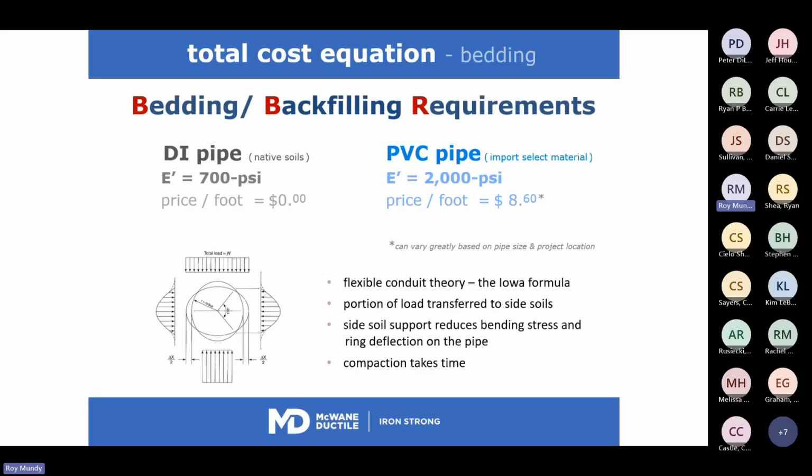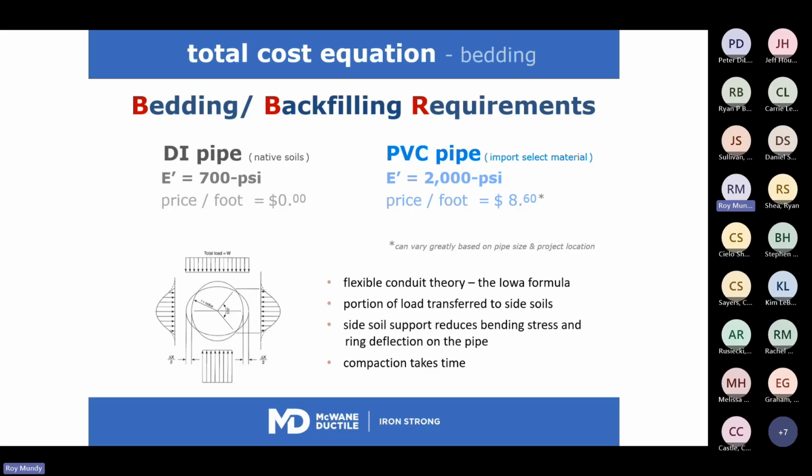So when it came to the backfill requirements, remember the previous presentation that I gave indicated that this particular number was, I think, $3.65 a foot that Tom added to the price of a project when he used PVC pipe just for the bedding costs.